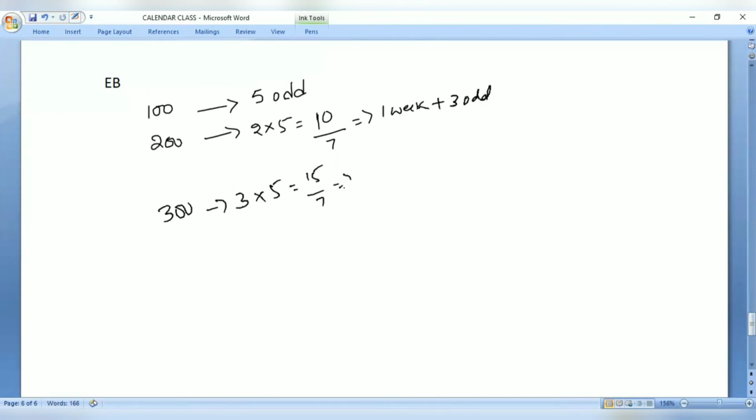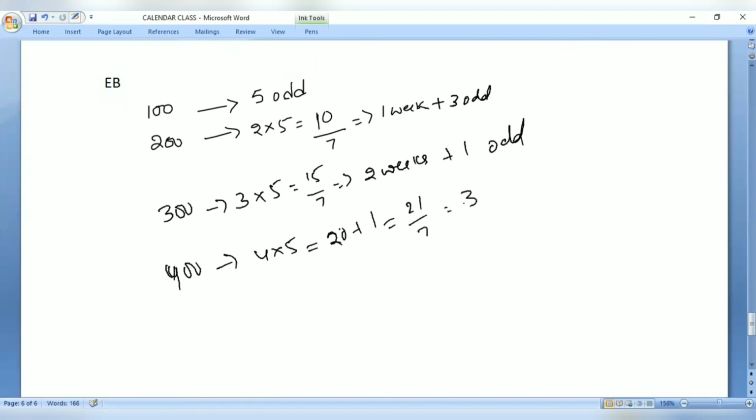If you convert them, it will be 2 weeks and 1 odd day. Then for 400 years, 4 into 5, and since it is a leap year, we need to add 1 to this. So 20 plus 1, that is 21. So 21 divided by 7, so it will be 3 weeks and then 0 odd days.